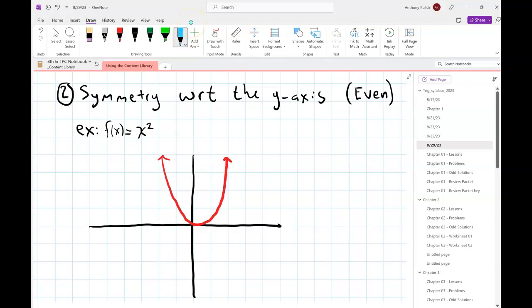So this time, if I imagine the y-axis is a mirror, if I pick some point here, say x comma f of x, on one side of the y-axis, and I reflect it across the y-axis, well, I'm in the second quadrant, so my x-coordinate should now be negative, but the y-coordinate should have remained the same. Everybody kind of see that if we're just flipping it across?